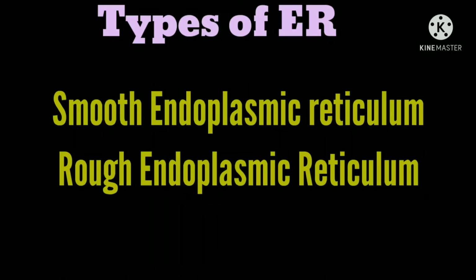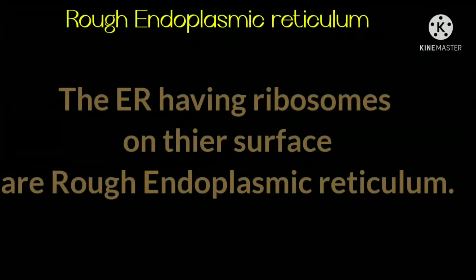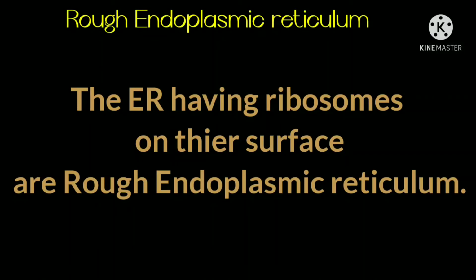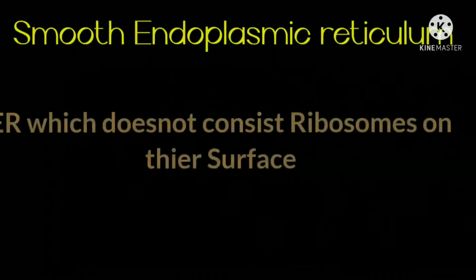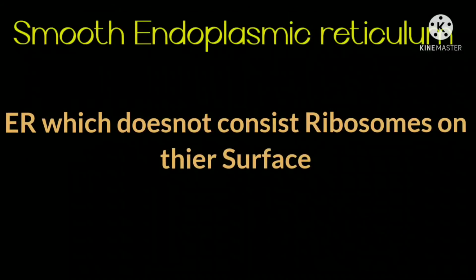From the name itself we can tell what these are. An ER which consists of ribosomes, what are ribosomes? I told you that they are small granule-like structures. So whichever has ribosomes is rough endoplasmic reticulum, and which does not have them is called smooth endoplasmic reticulum.